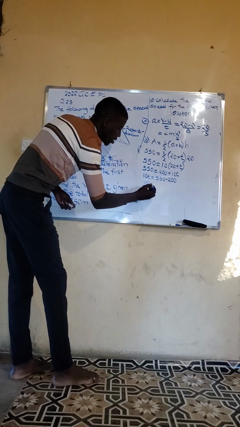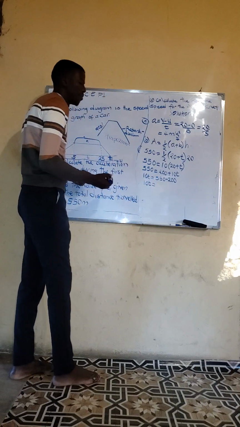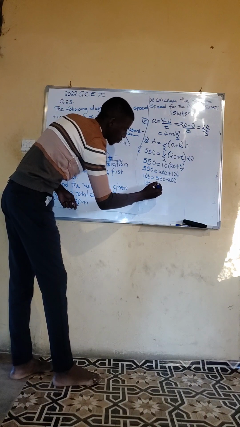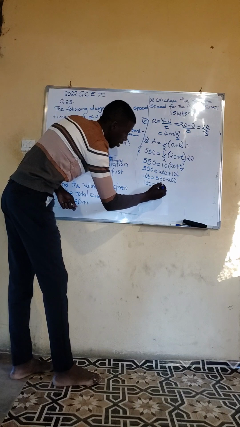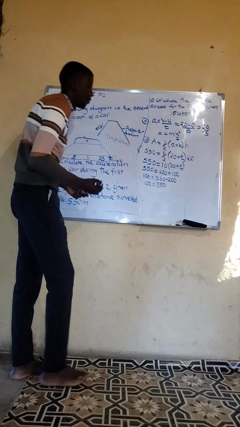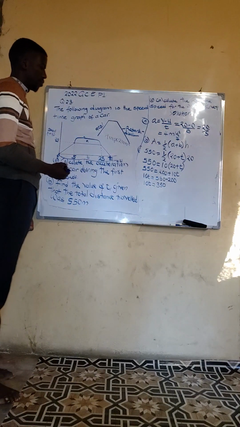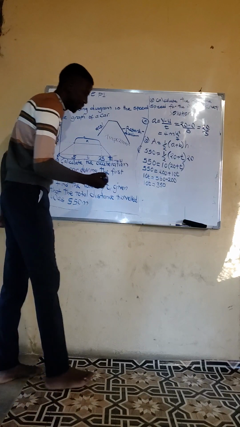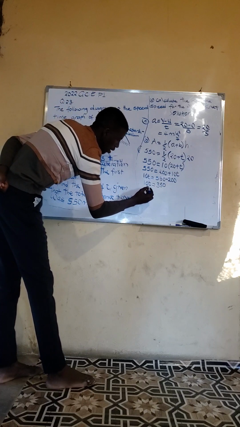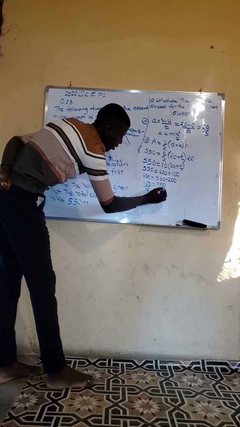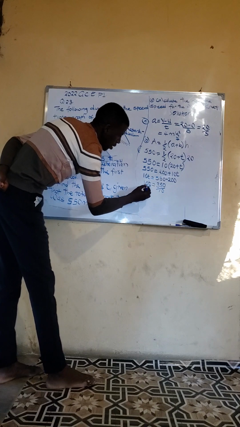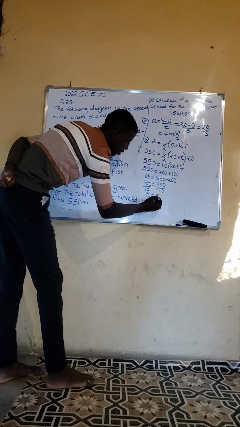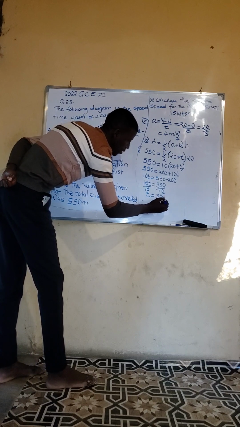So our 10T will be equal to 550 minus 200, that is 350. So our, over 10 over 10, that and that will go, our T will be equal to 35 seconds.